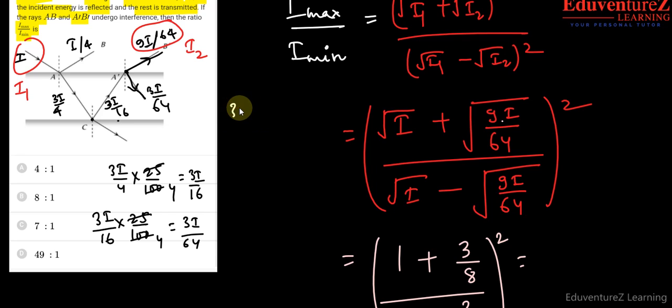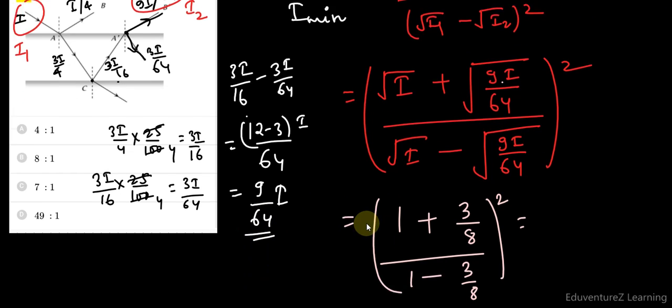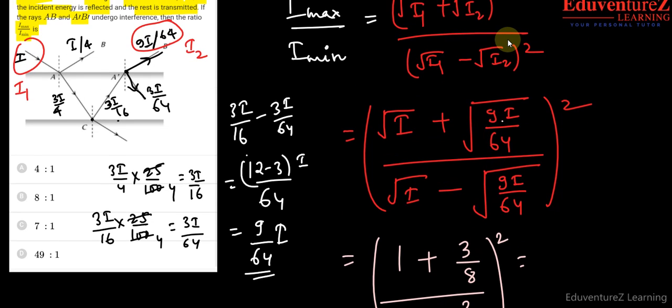On subtracting 3I upon 16 minus 3I upon 64 we get 9I upon 64. So this is correct, there is no problem with this. So the root of 9 is 3 and the root of 64 is 8.